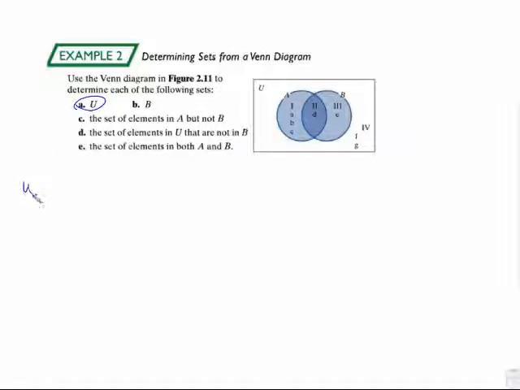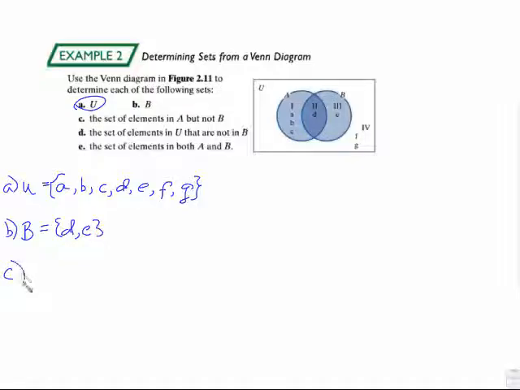Well, our U is everything that's in this whole picture, which is A, B, C, D, E, F, and G. And it is a set, so we should have the braces around it. If we want to name what's in set B, we just look over here at set B, and what's there is D and E inside the braces.